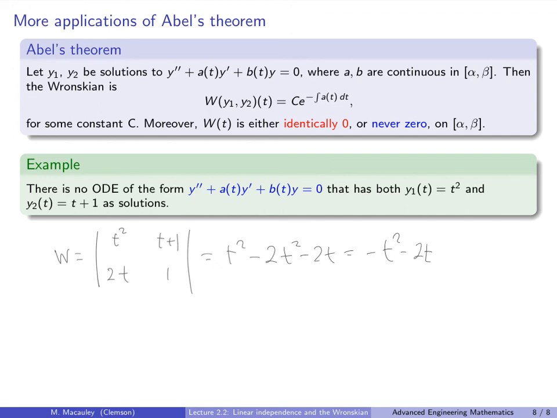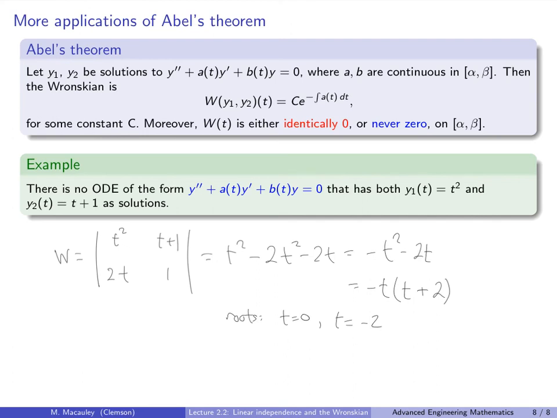Is that correct? Yes. I'm going to factor out a minus t, giving minus t times t plus 2. Is that correct? Yes. So the Wronskian has roots at t equals 0 and t equals negative 2.